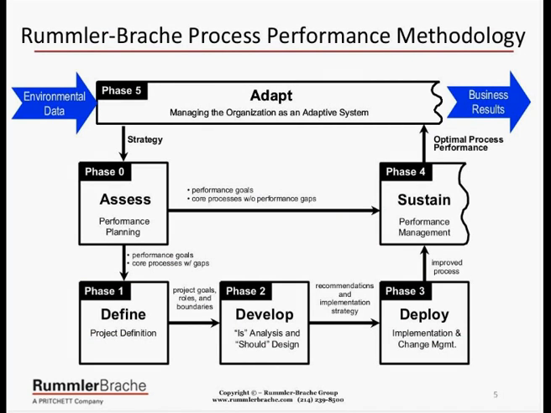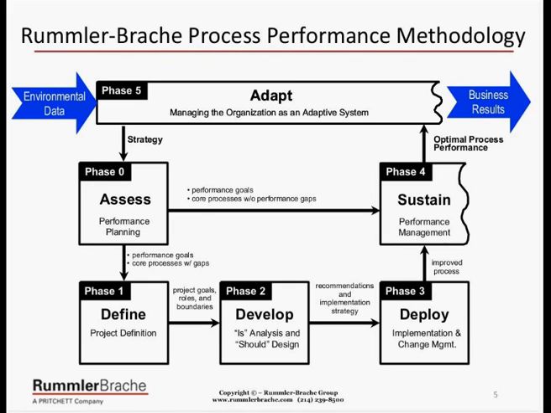So our framework or methodology for delivering this has basically 5 phases. The first phase essentially is what we call phase 0, is to assess the organization, that entire enterprise, a collection of processes and people, if you will, and look for areas that need the most attention.